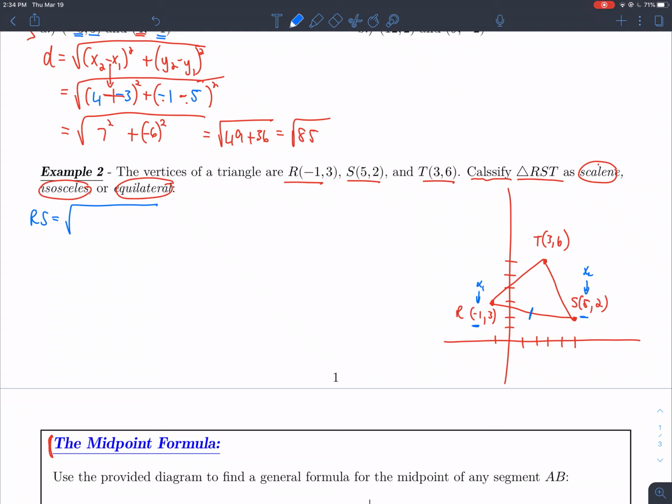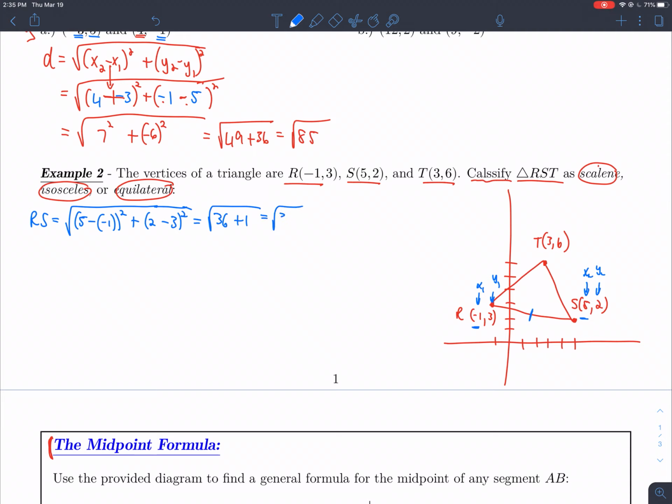Okay, so for RS, I just do x2, which is 5, minus x1, which is -1 squared, plus, and then this has to be y2, and this has to be y1. So 2 is my y2 minus 3 squared. Alright? And I'm going to go much faster here because, like I said, I'm assuming this is all review for you. Okay? Alright, so that's RS.